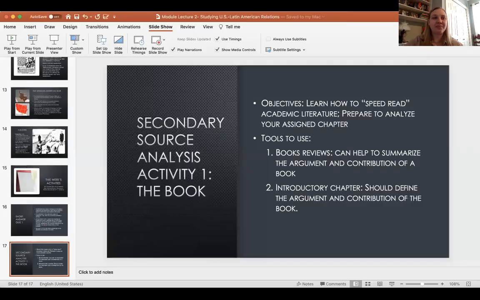All right. Okay. So now we've gotten through that. I wanted to show you all one more thing before we go. I want to make sure you can see where your chapters have been assigned. So if you have not already chosen a chapter, you need to do so ASAP.